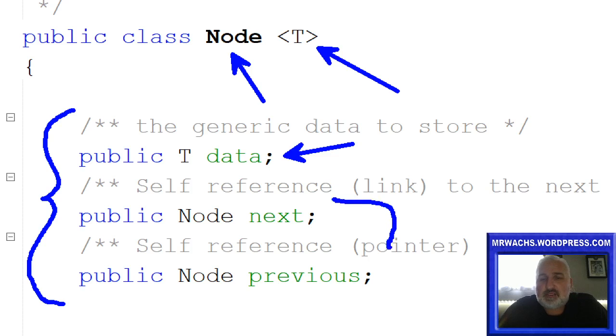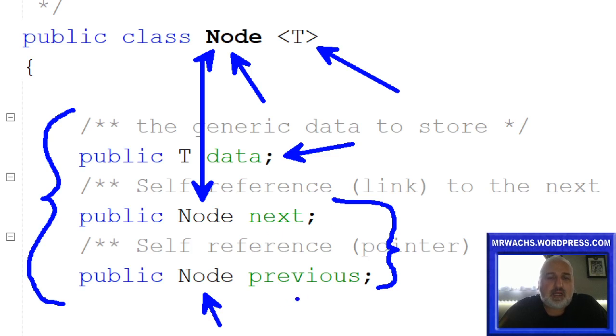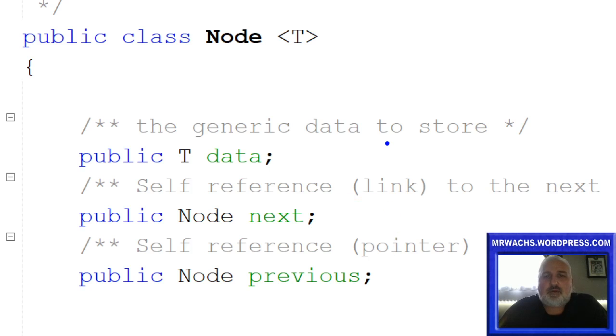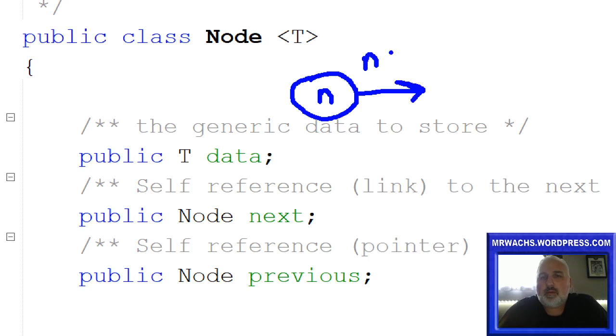Then what these two things are, as you can see, they're what's called a self-reference. It's a node referencing a node, okay? Connecting to the next node and connecting back to the previous node. So the idea with this is it creates a linking structure. So we have this thing called a node, and it links to the next node. And then it also links back to the previous node.